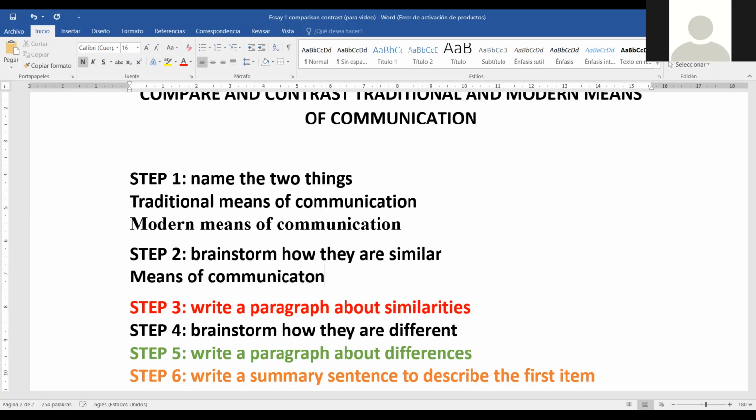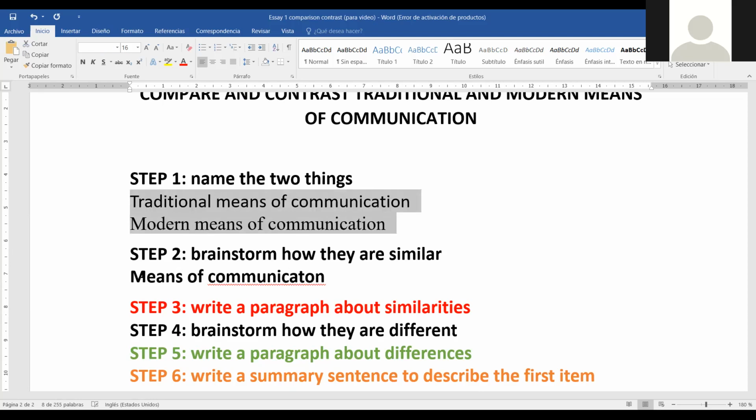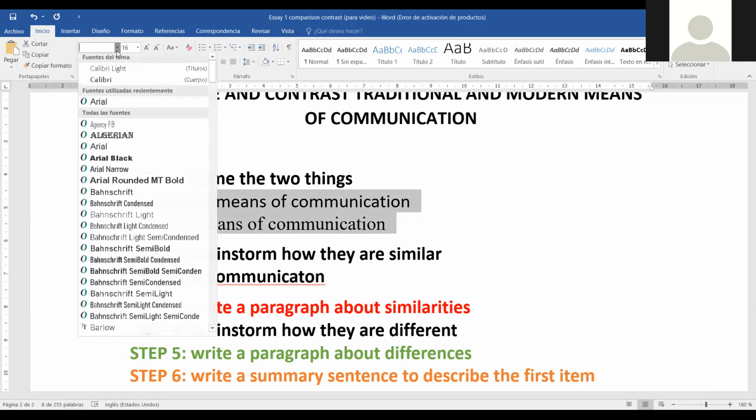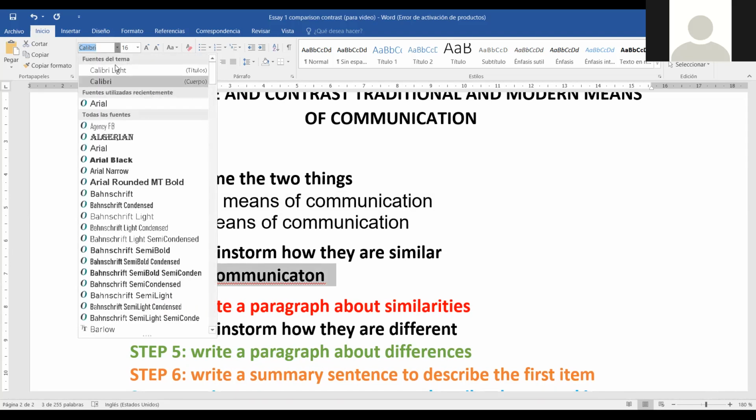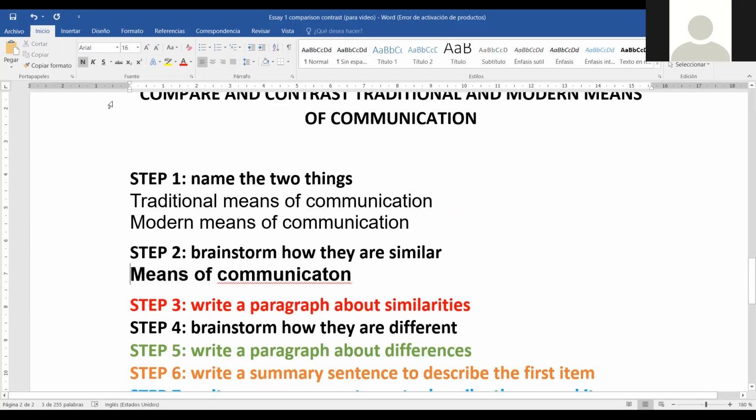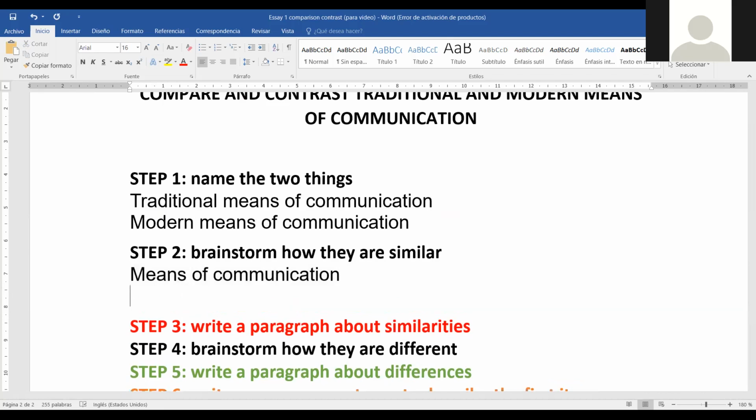Yeah, they are both means of communication. Another. Are you there? Any idea that comes to your mind? Hurry up. They are both means of communication. Another one. How are they similar?